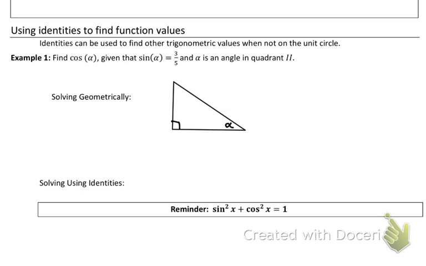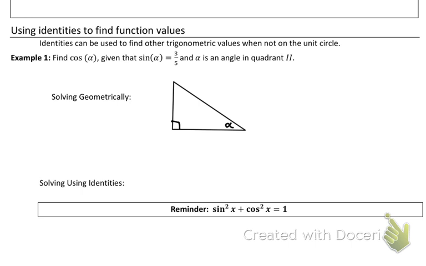I'll name one of these alpha. Now I have alpha, a side that's opposite it, a side that's adjacent, and a hypotenuse side. Well, if I gave you sine alpha equals 3 over 5, sine from SOHCAHTOA says it's opposite over hypotenuse.